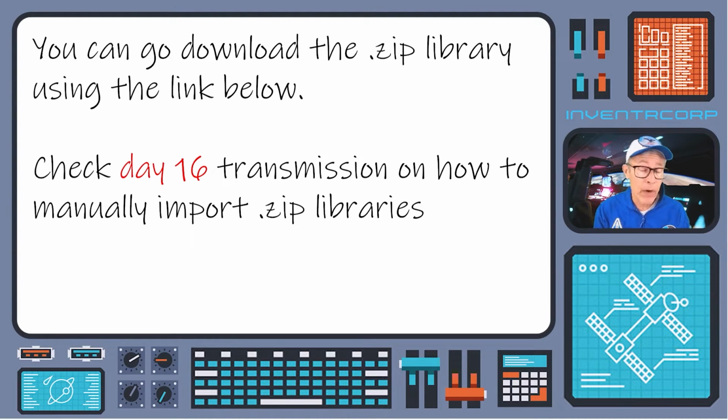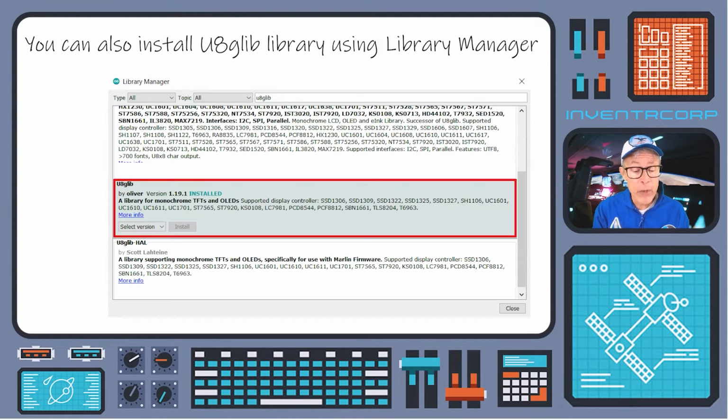Specifically, the library we'll be looking for is the U8G library, U8G lib. And we'll see more about that when we start talking about the code shortly. For now, however, I wanted to talk a little bit about this communication protocol.